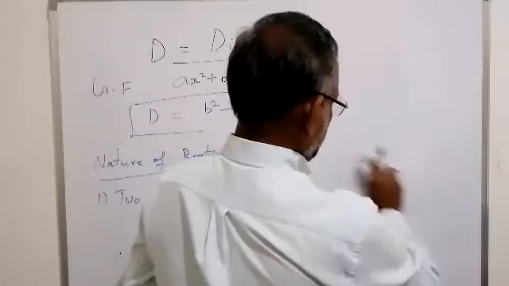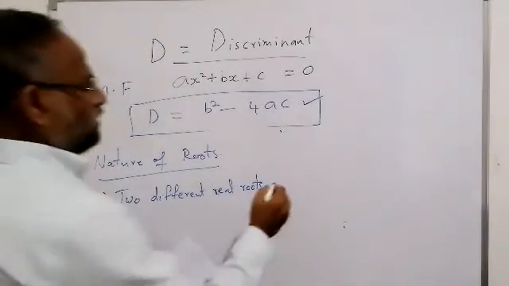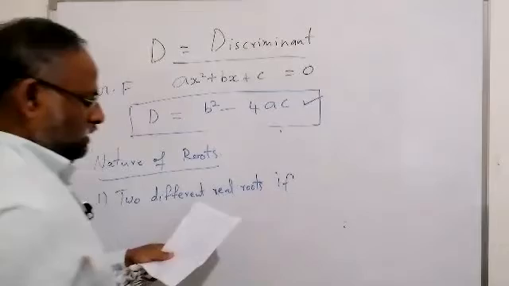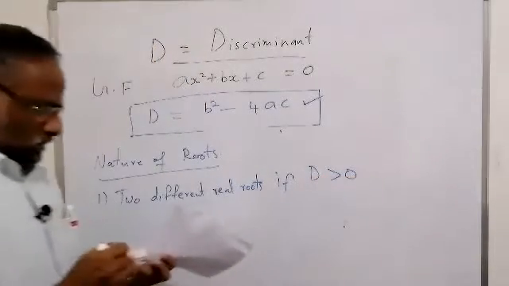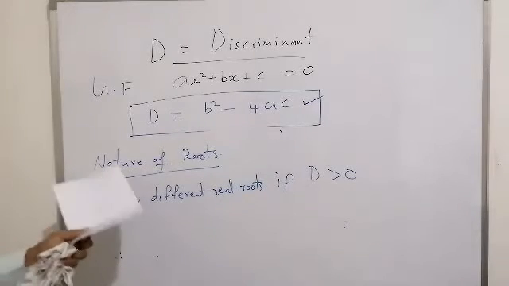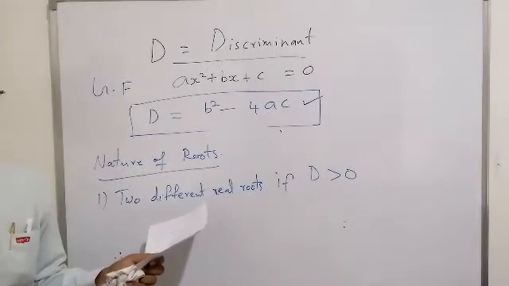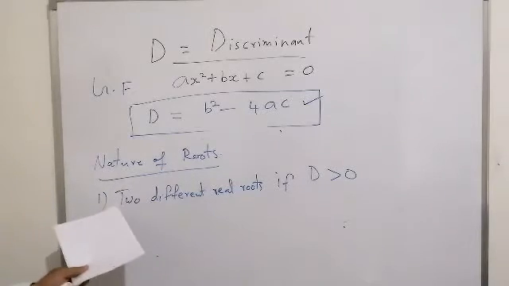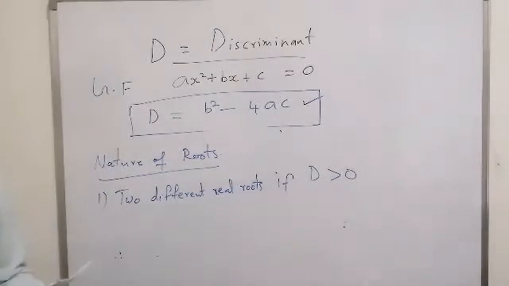Two different real roots, if D greater than 0, first one. Quadratic equations, nature of roots we are talking about. A quadratic equation has two different real roots if D is greater than 0.